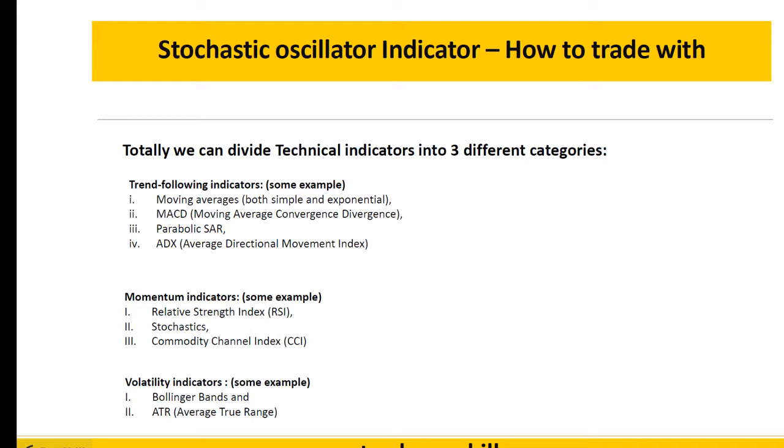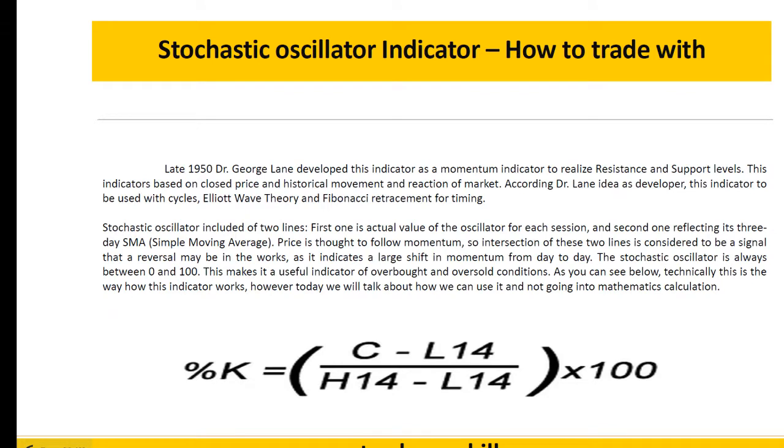The stochastic is a part of the momentum indicators. In the late 1950s, Dr. George Lane developed this indicator as a momentum indicator to realize resistance and support levels. This indicator is based on close price and historical movements and reaction of the market. I mean, what happened before based on the close price.